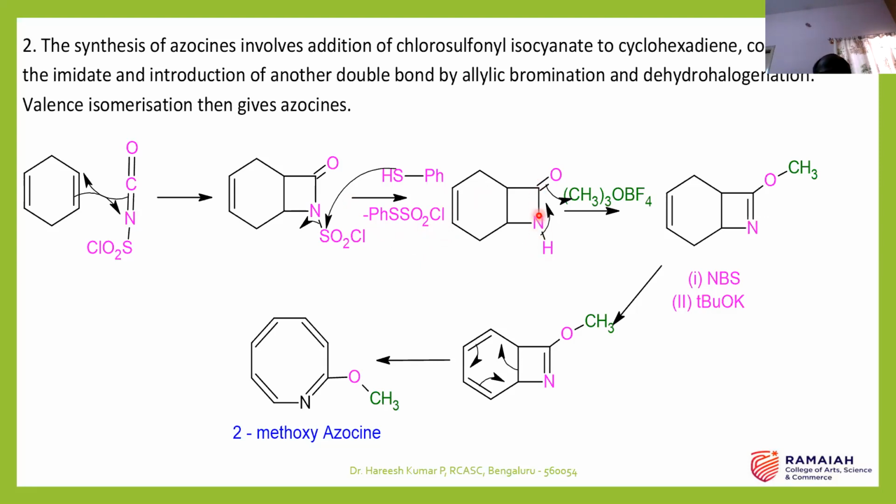This kind of compound is called a lactam. When this lactam is treated with tertiary butyl oxy, this group is called tertiary butyl and this is oxy, tertiary butyl oxy tetrafluoroborate, it will act as a source of a methyl group.